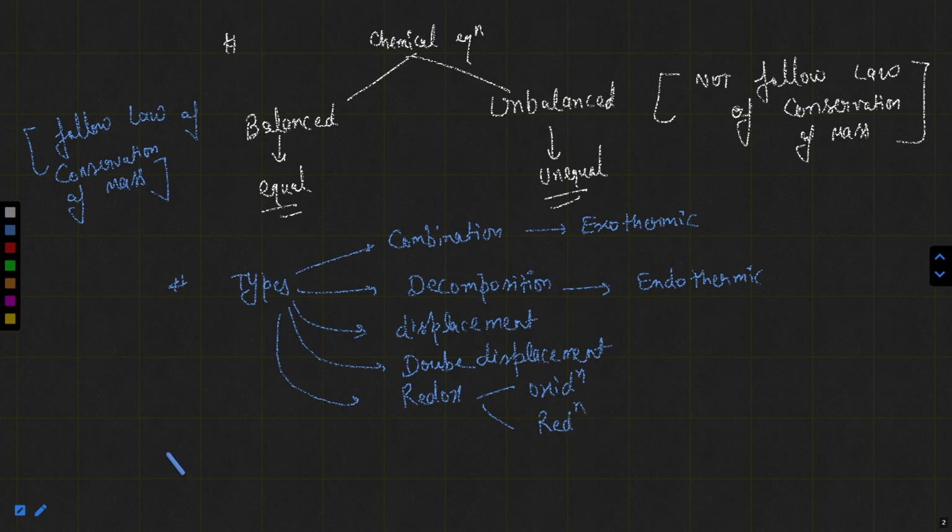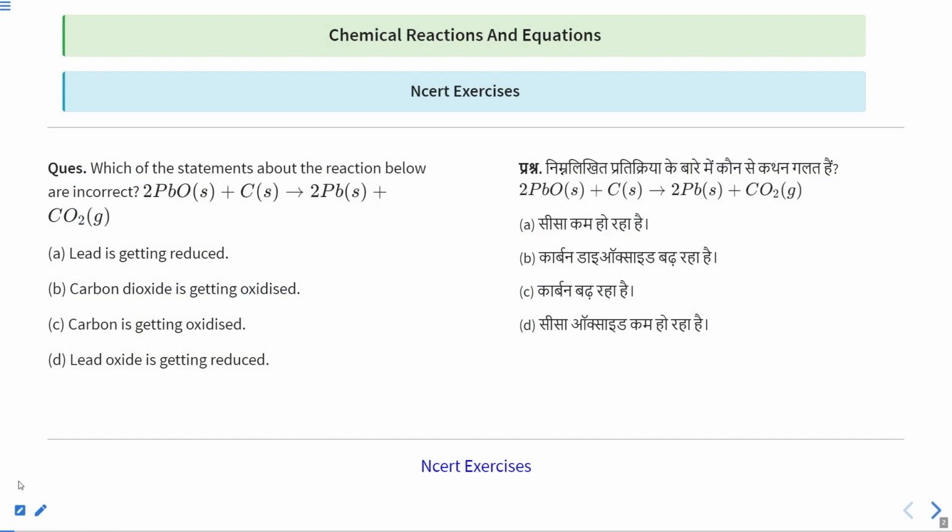And after the types of chemical reaction, we will go with corrosion and rancidity, two important terms regarding food and metals. And then we will go with the NCERT exercise. So this is the overview of the entire chapter of chemical reactions and equations. So let's begin with the NCERT exercise.